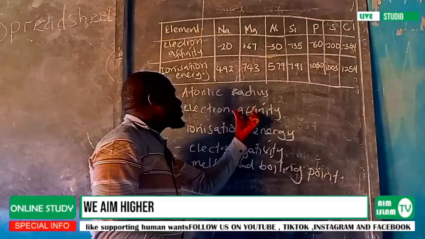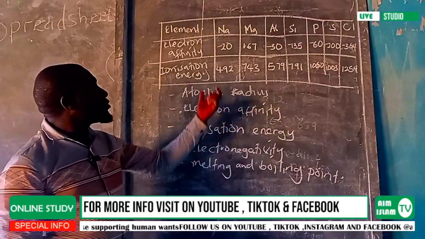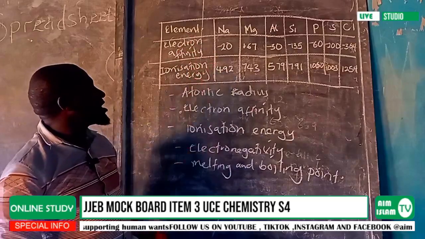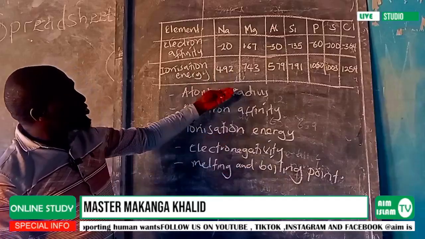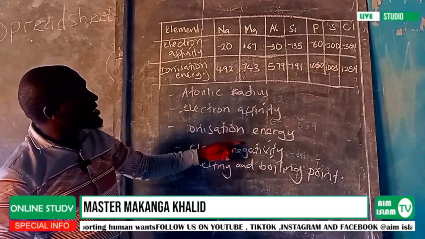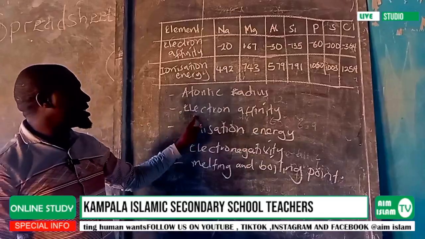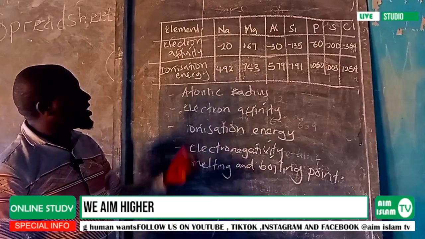So all that has been observed from the experiment, the elements, their electron affinity, and ionization energy, among all the properties considered in the arrangement of elements in the periodic table, we are going to select the electron affinity and the ionization energy because that's what we have.